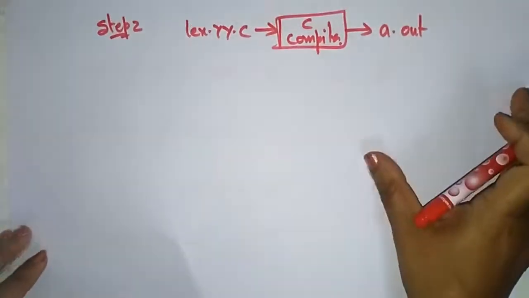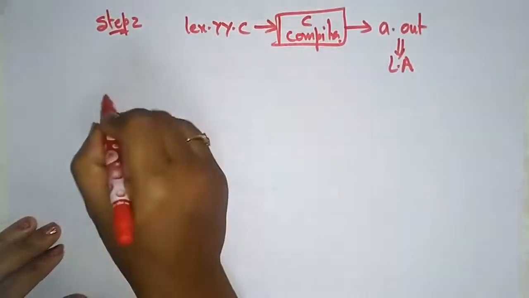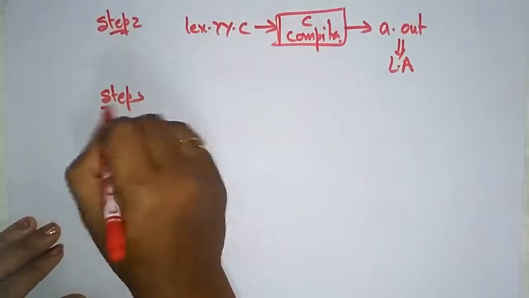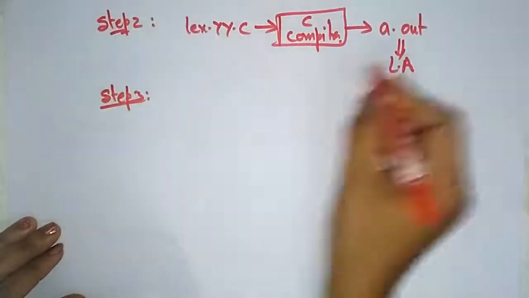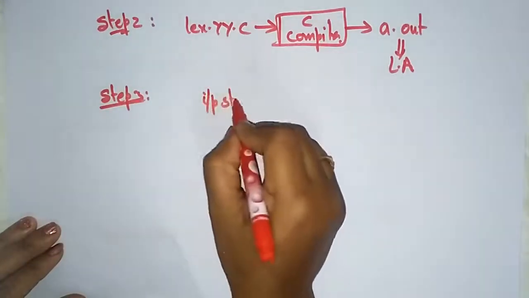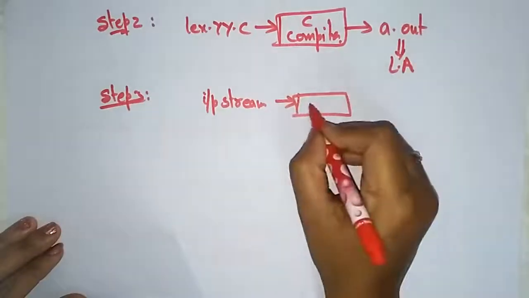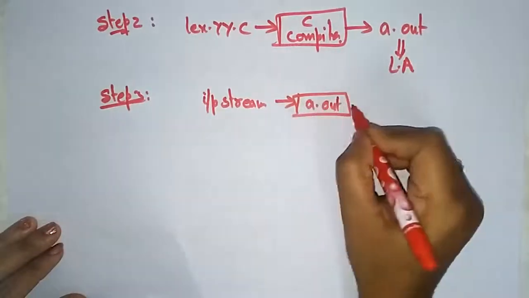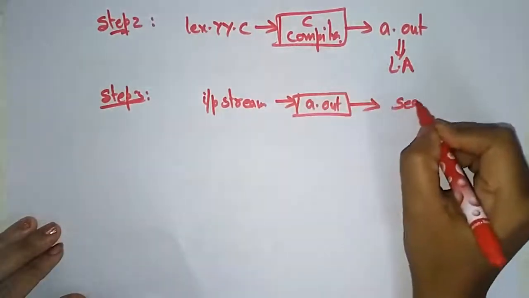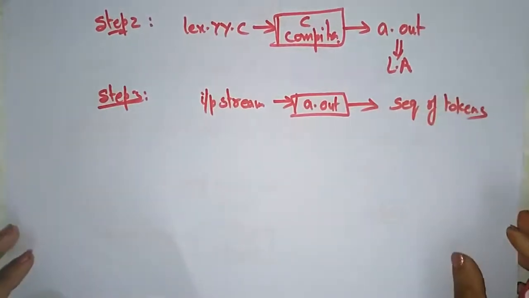So a.out or a.exe is nothing but a lexical analyzer. Step 3: the input stream is sent to the lexical analyzer a.out, which produces a sequence of tokens.